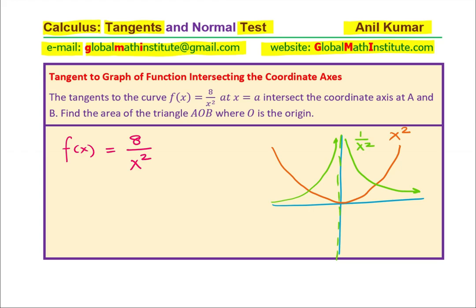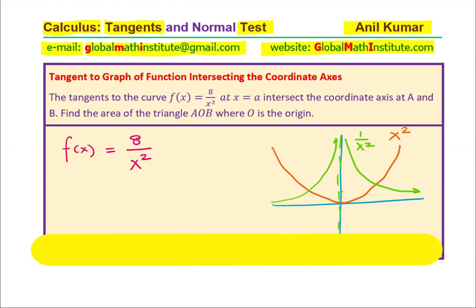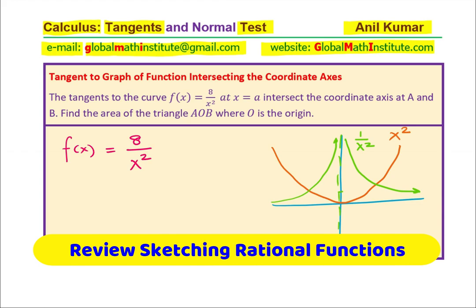But the function is 8 over x squared, so we'll multiply by 8. The points which we see here, which is going to be at 1, will now be at 8, so it is vertically stretched. So let me just draw the vertically stretched function.